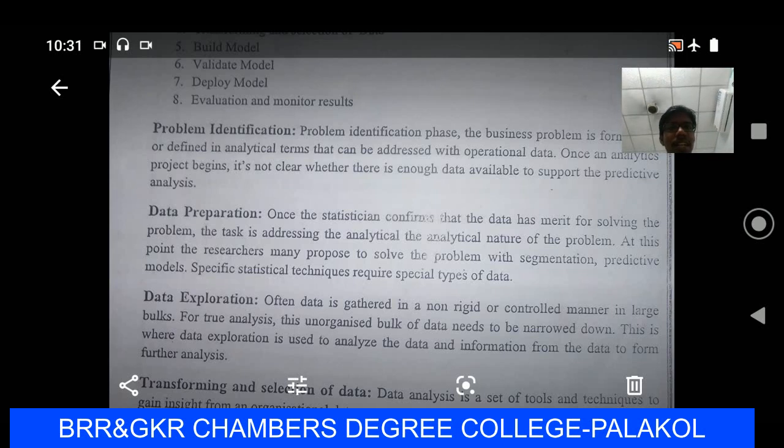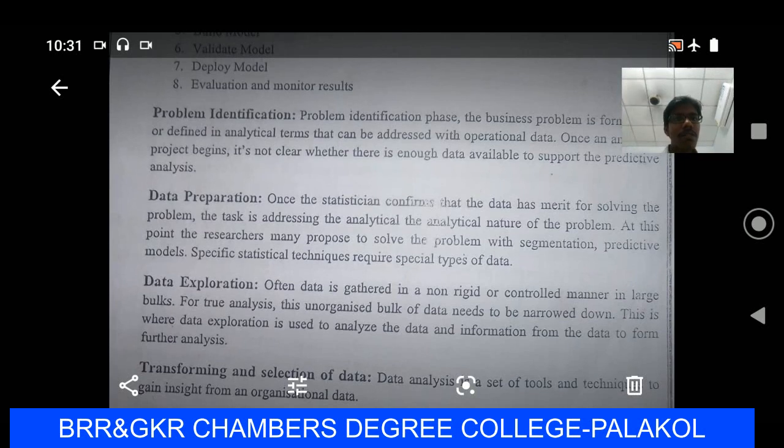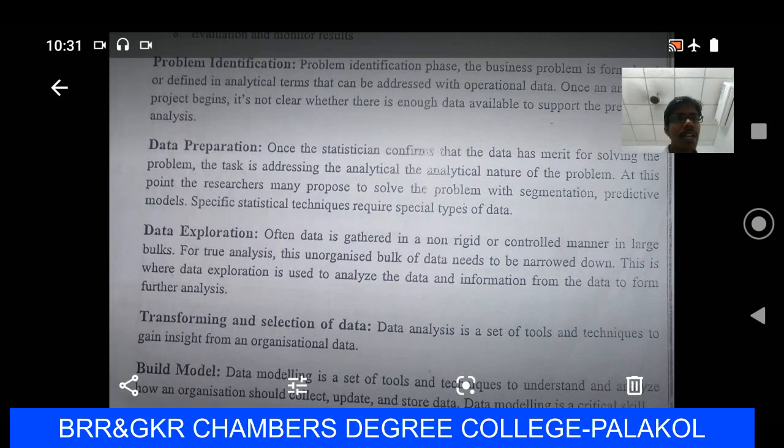Next one is data exploration. Coming to the third life cycle, that is data exploration. Often data is gathered in a non-rigid or uncontrolled manner, in large bulks. For true analysis, this unorganized bulk of data needs to be narrowed down.